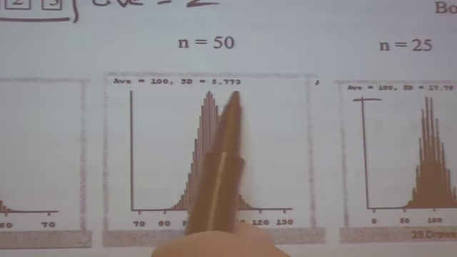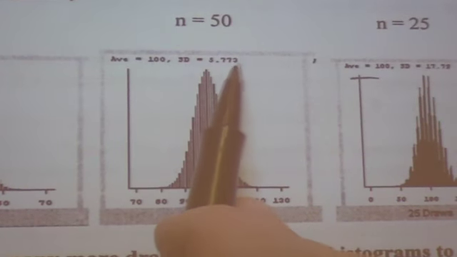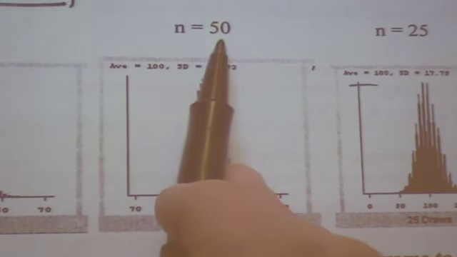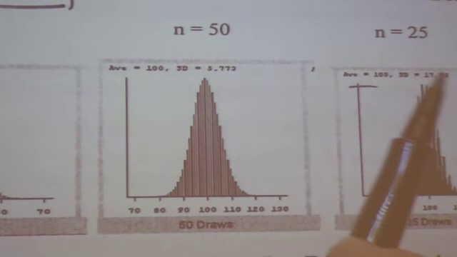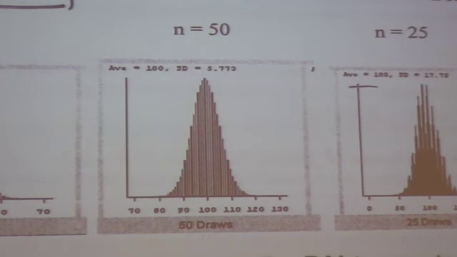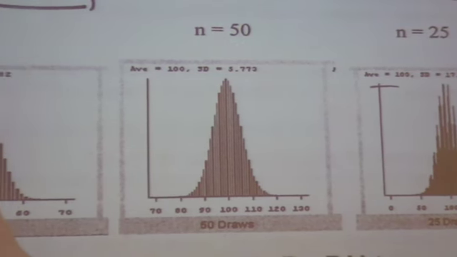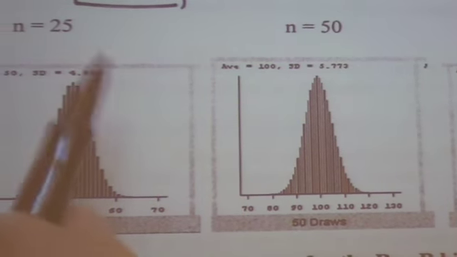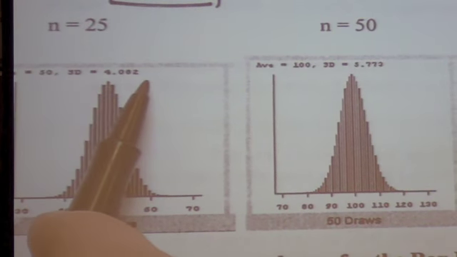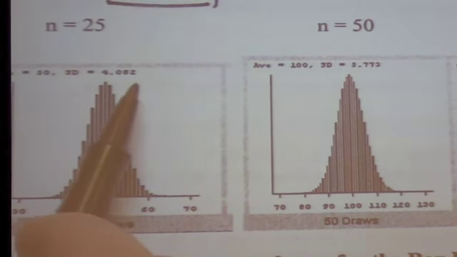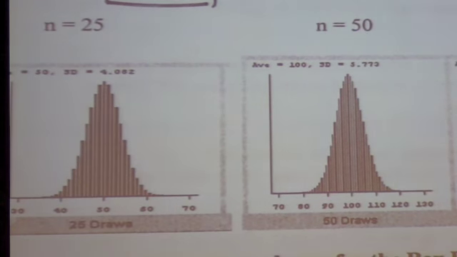This is the standard error for the sum of the draws. So this right here is going to be the square root of n, which is about 7, times the standard deviation of the box. Oh, here, let's do this one. Square root of n is 5. So it's going to be 5 times. So if we divide this by 5, about 4/5 would be the standard deviation of that box.